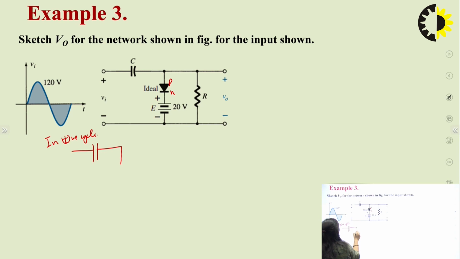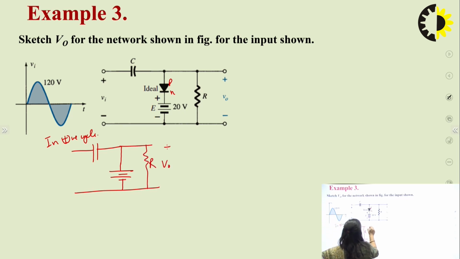So in the positive half cycle, the capacitor is plus minus 20 volt.